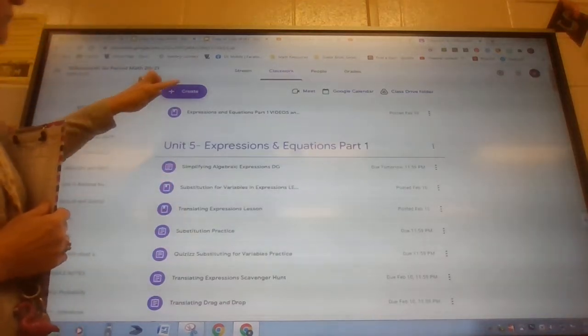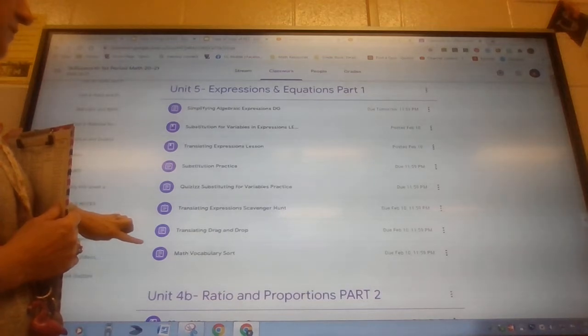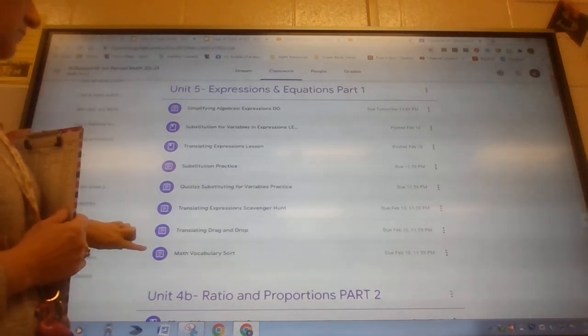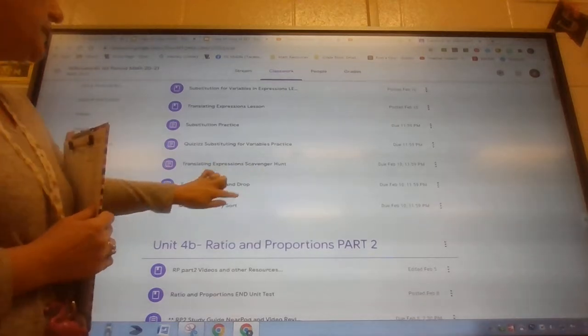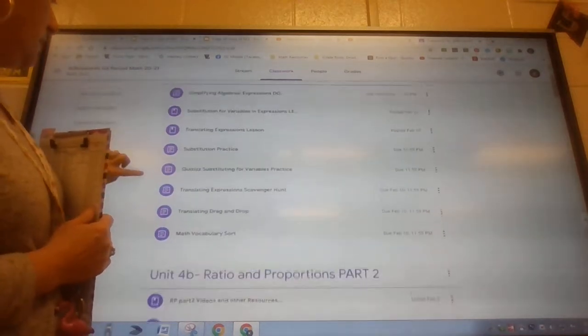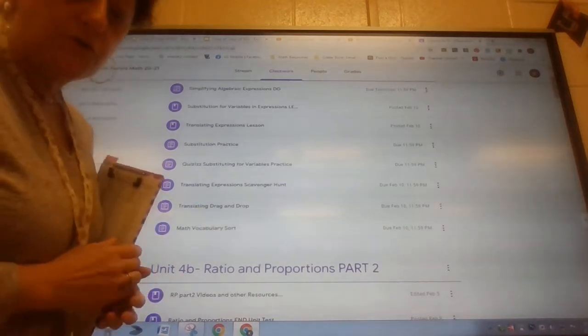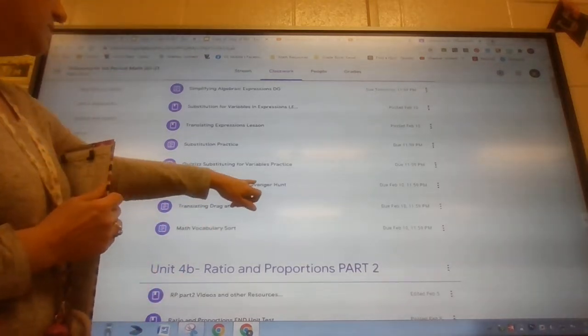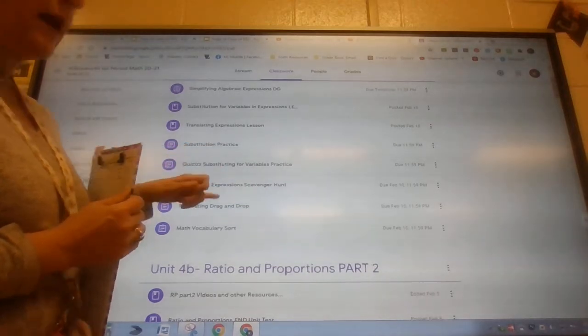In classwork, if you go down, starting on February 10th in this unit, the drag and drop, the scavenger hunt, the quiz, and substitution practice.